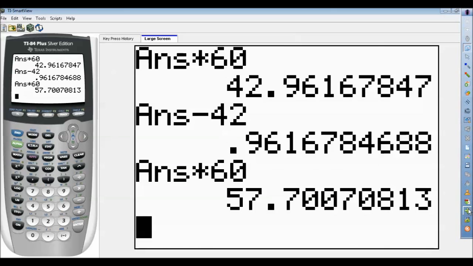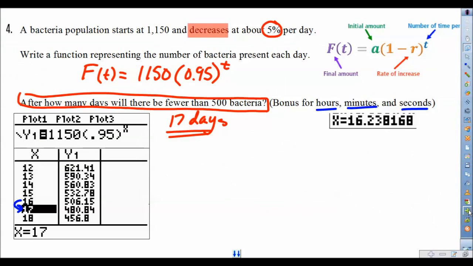Remember, at the 58th second, we are going to have that bacteria population be less than 500. So 17 days, 5 hours. Oh boy, I forgot the number of minutes. Oh yeah, 42 minutes and 58 seconds.